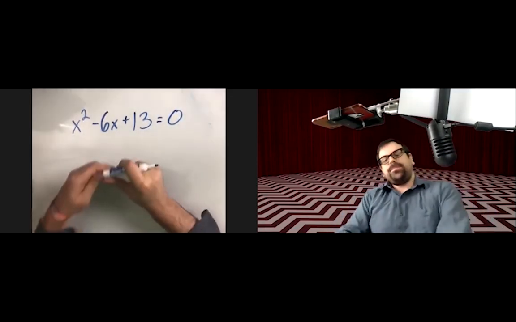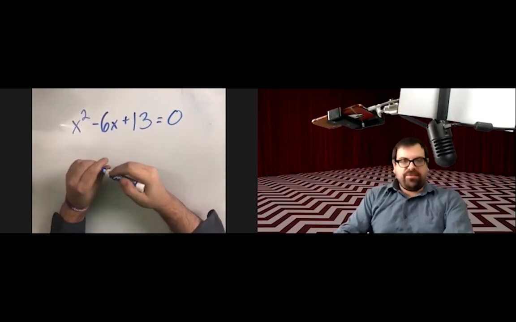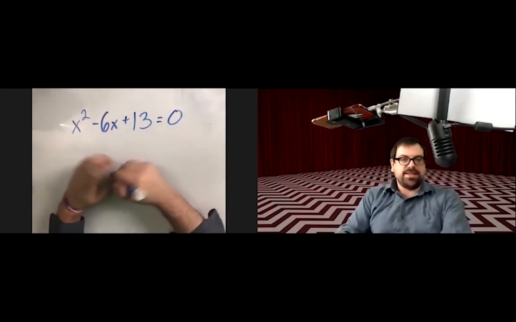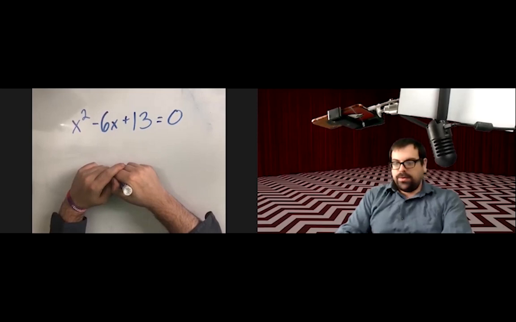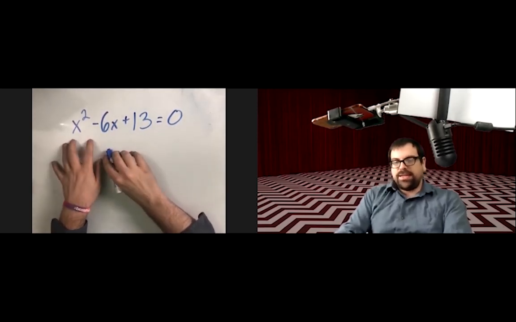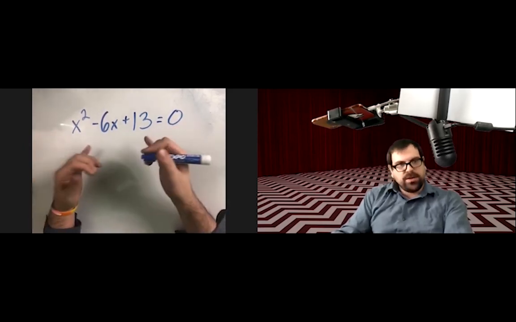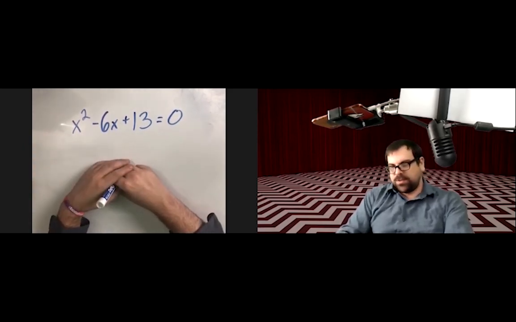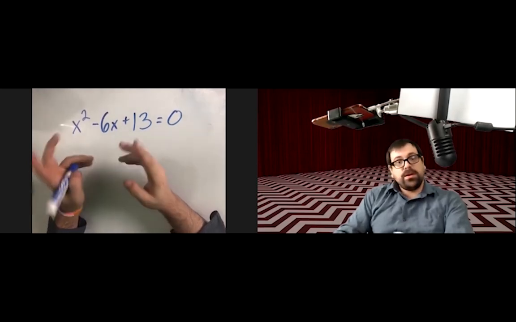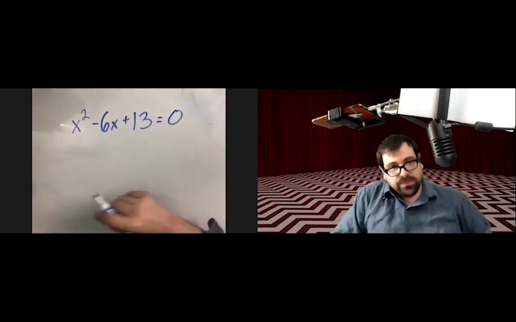So we wouldn't be able to solve this by factoring because this does not factor. We can't just get the x squared by itself because that still leaves x's on the other side. And this is not a perfect square trinomial, so we can't just make it something squared on its own.